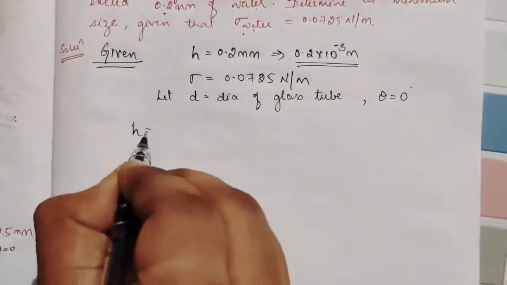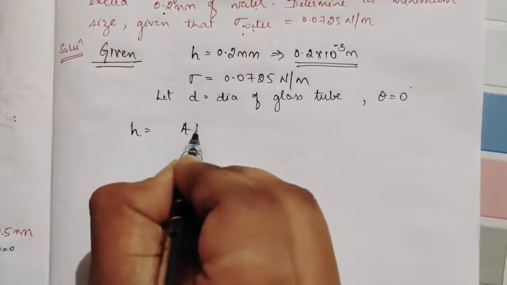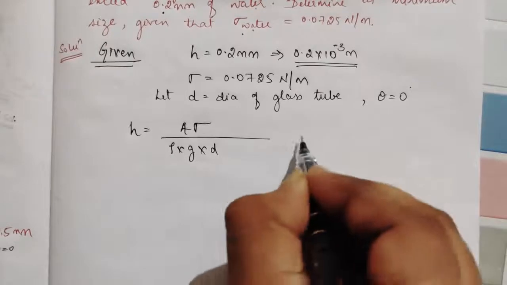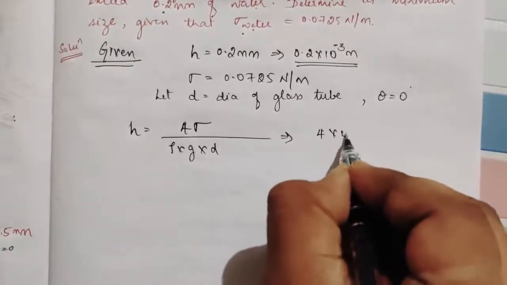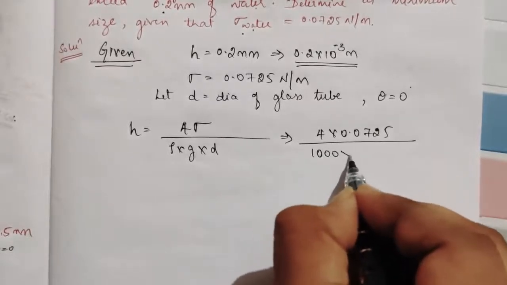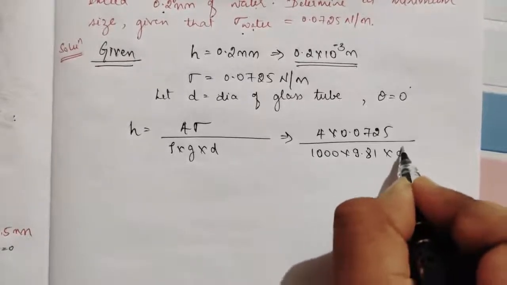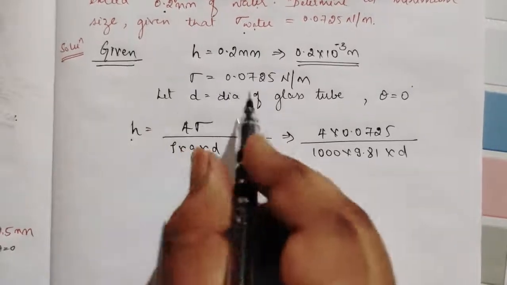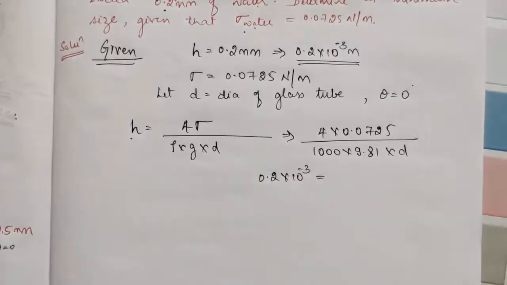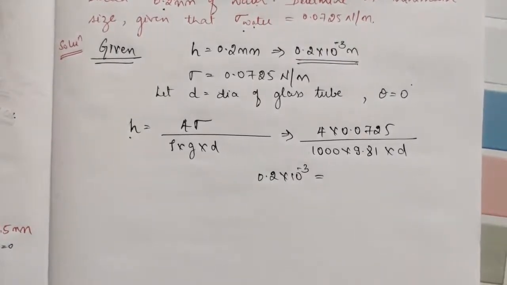So directly I will apply the formula, H is equal to 4 sigma divided by rho g into D. So 4 into 0.0725 divided by 1000 into 9.81 into D. H we know, that is 0.2 into 10 power minus 3.